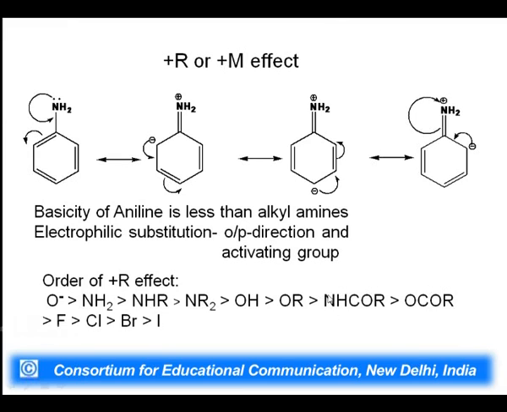This N is attached on the benzene ring. So these will be the order, or any other compound where N is towards the molecule attached, and the OCOR group. These are on the basis of plus R group. Last but not the least, the halogens come with fluorine, chlorine, bromine and iodine. Why is fluorine maximum in terms of other halogens?